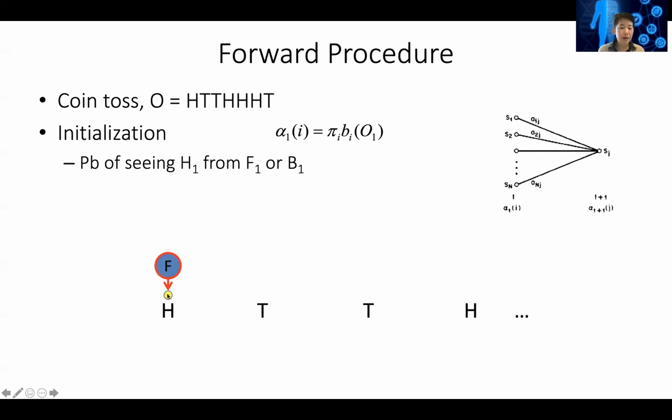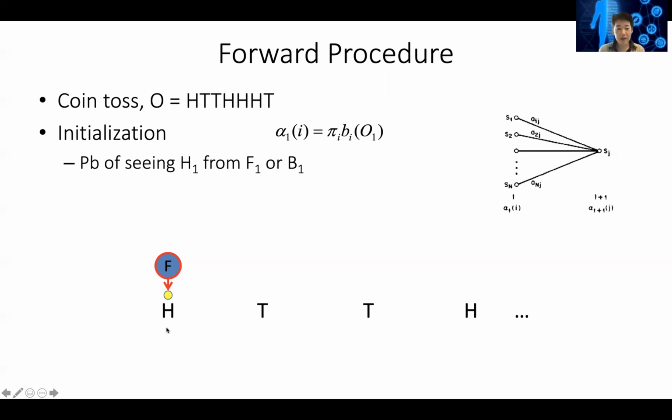You can see here, let's use this red circle to indicate the probability of using a fair coin in order to get this head. This is calculated as, we have to pick a fair coin in the first place, which is the initial probability of picking a fair coin. And then from that fair coin, we have to emit a head from the fair coin emission probability.